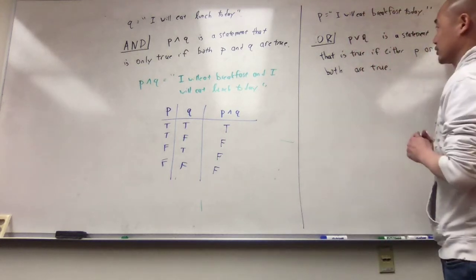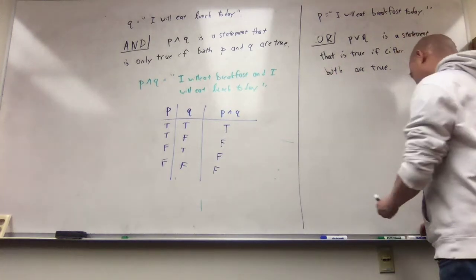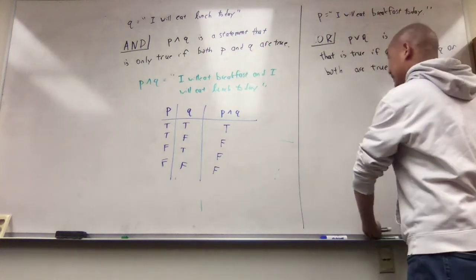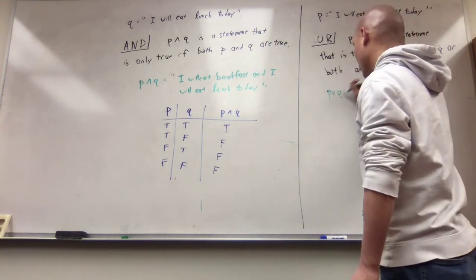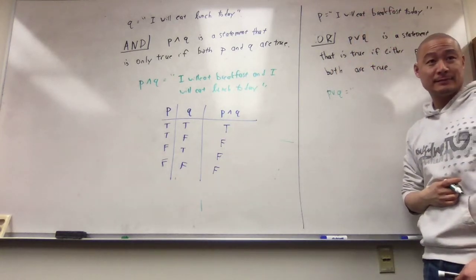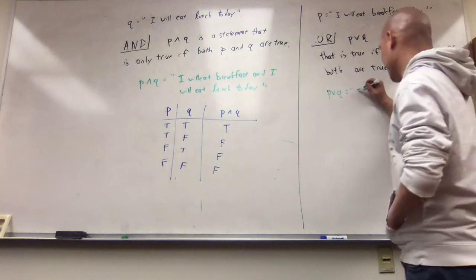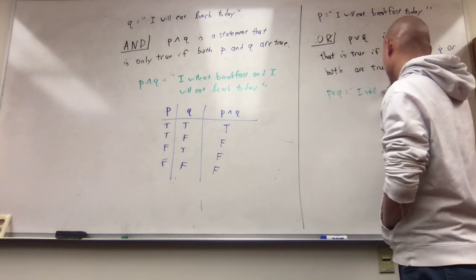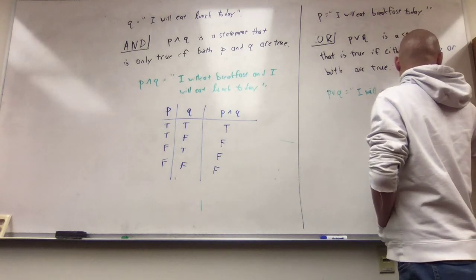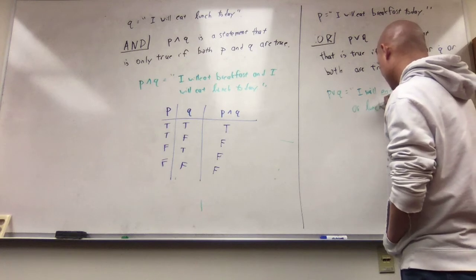So if P is true, then it's true. If Q is true, then it's true. And if they're both true, it's definitely true. So again, if P is "I will eat breakfast today" and Q is "I will eat lunch today," then what would be a good statement for P or Q? I will eat either breakfast or lunch today.